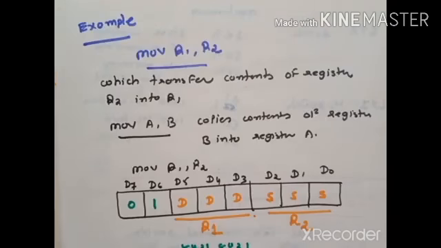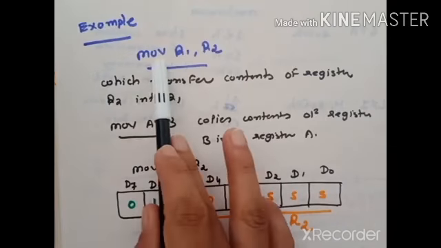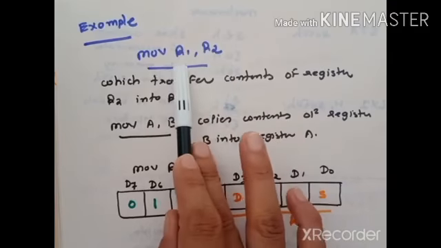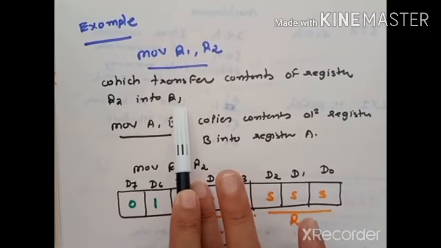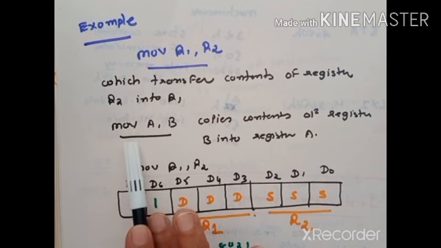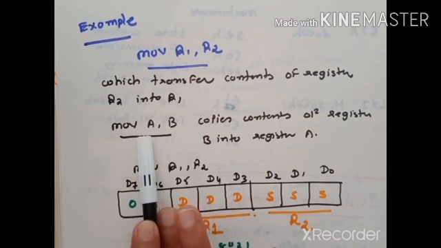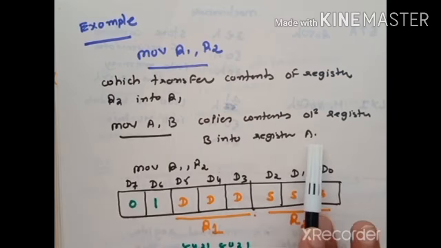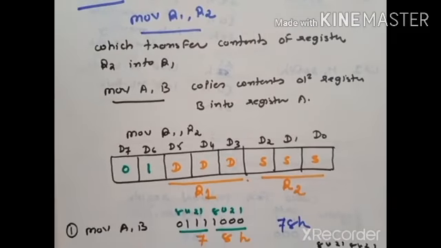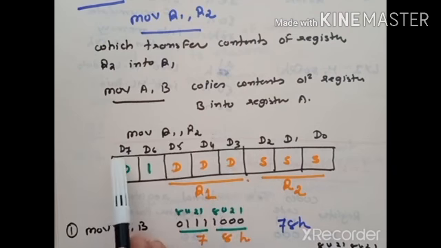Then an example of instruction format: suppose MOV R1,R2, which transfers the content of register R2 into R1. An example is MOV A,B, which copies the content of register B into register A. For the equivalent hex code, this is 8-bit data: D0, D1, D2, D3, D4, D5, D6 and D7.